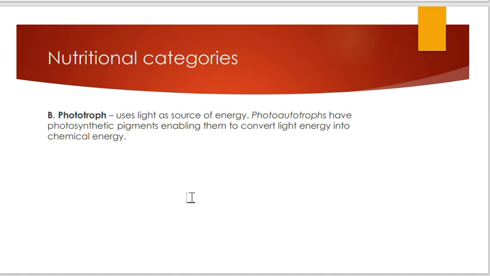Autotrophs have photosynthetic pigments, enabling them to convert light energy into chemical energy. They conduct different photosynthetic activities basically in the cell wall of the microbial cell.